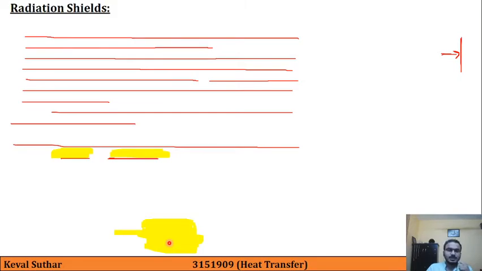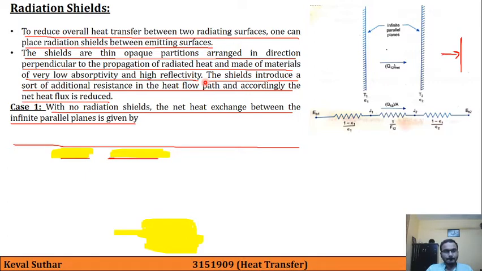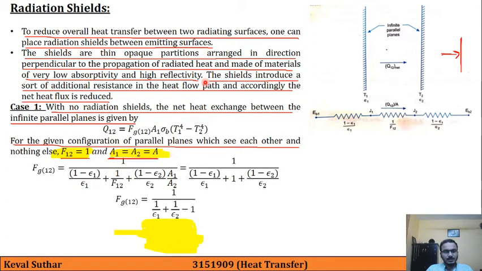The next and last theory of radiation chapter was radiation shields. It is used to reduce overall heat transfer between two radiating surfaces. They are of very low absorptivity and high reflectivity. And we took two different cases.